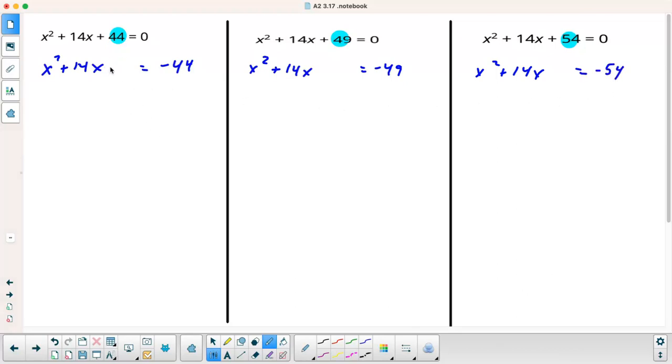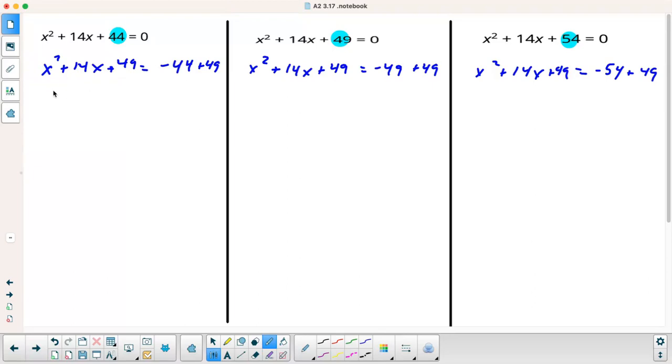Okay, so I'm going to add b divided by 2 squared. So 14 divided by 2 is 7. 7 squared would be 49. So I add 49 to both sides. And since this is the same on the left of all of these, I'm going to do it to all three at the same time.